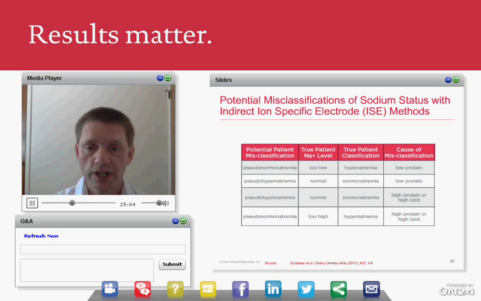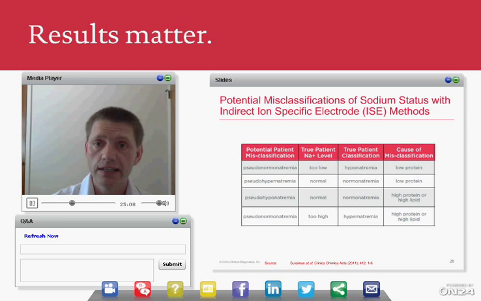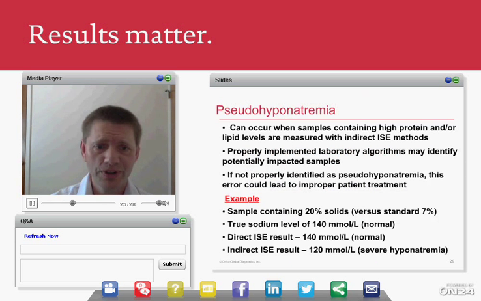So if the normal range is 135 to 145, you can get somebody who actually has normal sodium levels, and yet what's being measured is on the order of 120 millimolar. So that would be considered severe hyponatremia. Now I'm going to move on because I'm going to discuss each of these in a little more detail.